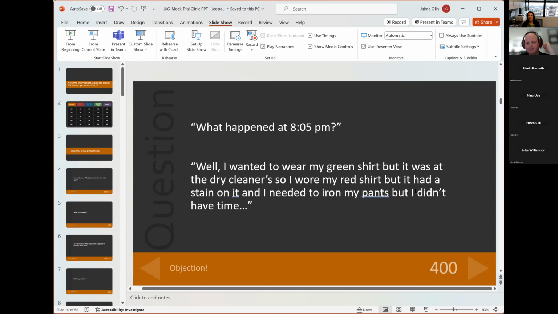If the only information pertinent to the case is the morning, and maybe everything that happened in the case happened in the morning, then what happened at 8:05 p.m. could be completely irrelevant. That's true. So let me ask a little more of a specific question. What kind of objection would you make to what the witness answered if you were the questioning attorney?